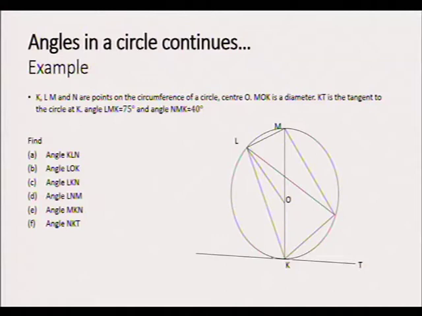KT is a tangent to the circle at K, and then angle LMK is 75, and then angle NMK is 40 degrees. Now, how are we going to work out these questions? We have 6 questions to solve according to that.